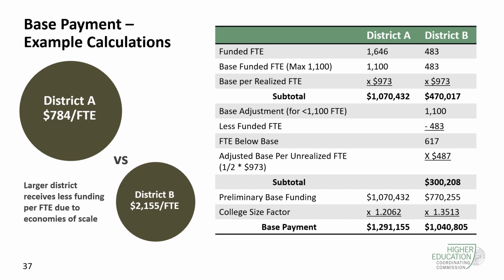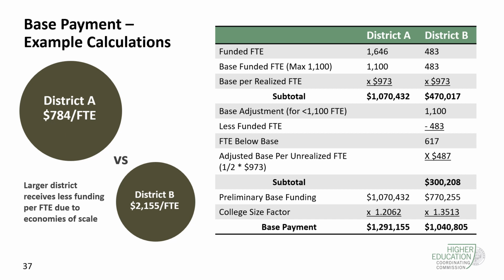Contrast that to District B. They have fewer than 1,100 FTEs, so their calculation starts off with their 483 funded FTE multiplied by the $973, so that's 470,000. But because they have fewer than 1,100 FTE, they're eligible for a base adjustment. They get an additional payment of $300,000 based on the difference between the 1,100 FTE and their current enrollment size of 483.